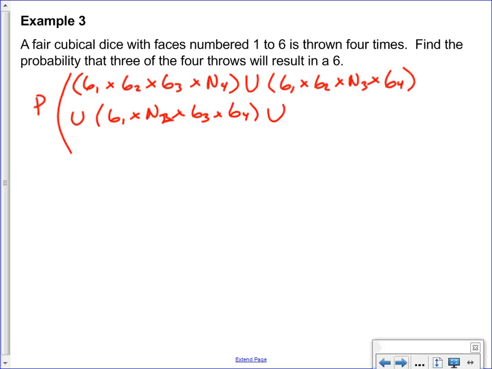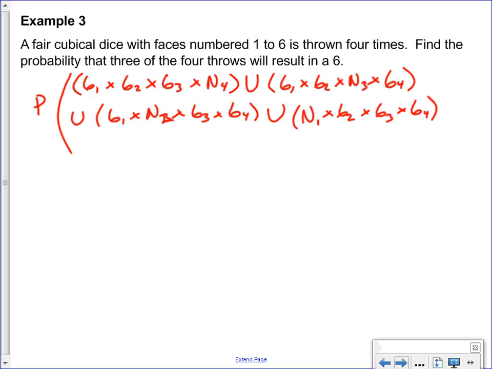Or first roll anything but 6. And then second roll 6, third roll 6, and fourth roll is 6. Okay?